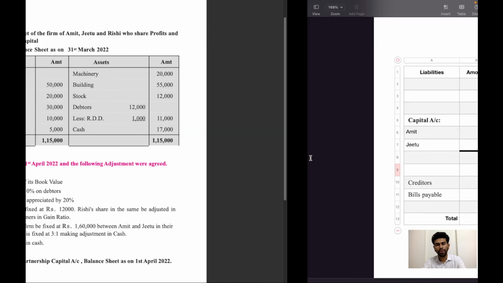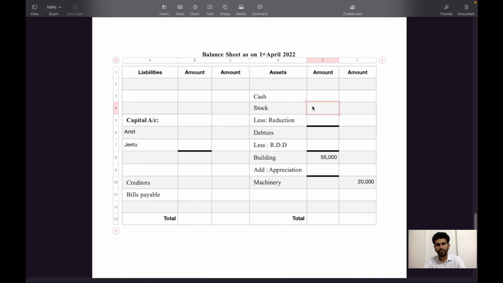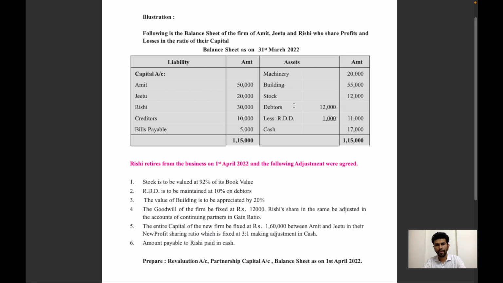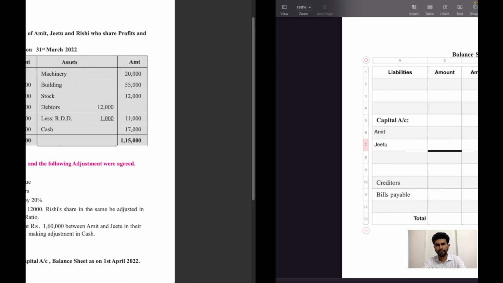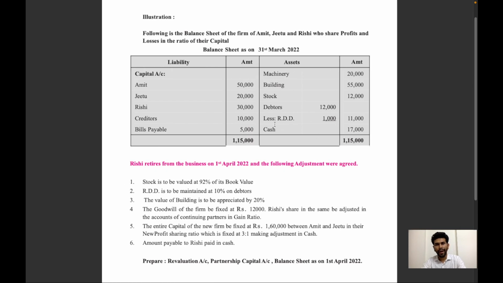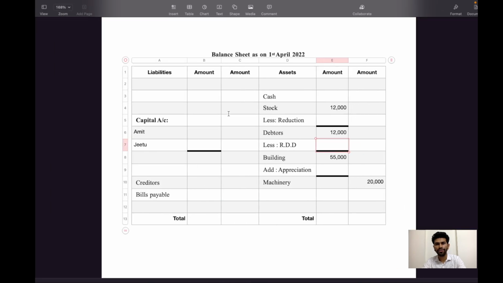Stock 12,000 rupees. Debtors 12,000 rupees. RDD will be recorded at the time of adjustment and cash will be recorded at the end. Liability side, capital account, Amit, Jitu and Rishi 50,000, 20,000, 30,000 rupees.